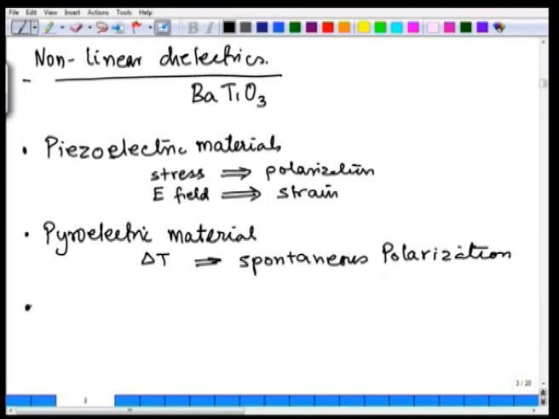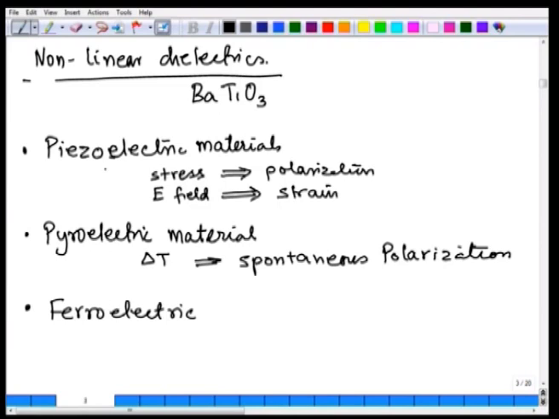The third material which we look at is a ferroelectric material, and this is what barium titanate is. And this is where I was taking you through, and all three of them are connected. The point I am going to make eventually is, if a material is ferroelectric, it has to be pyroelectric also, and if it is pyroelectric, it has to be piezoelectric, but not conversely. That is, if it is piezoelectric, it need not be pyroelectric, and if it is pyroelectric, it need not be ferroelectric.